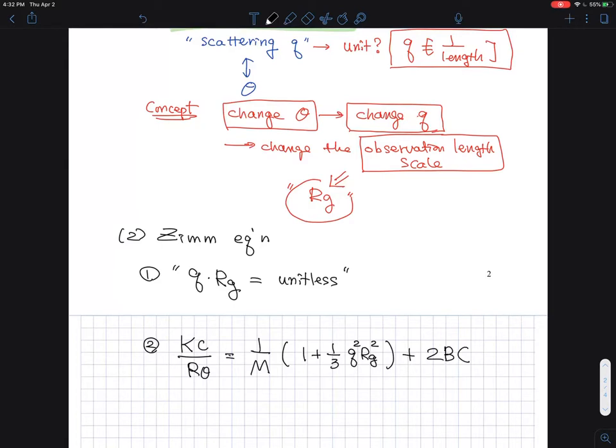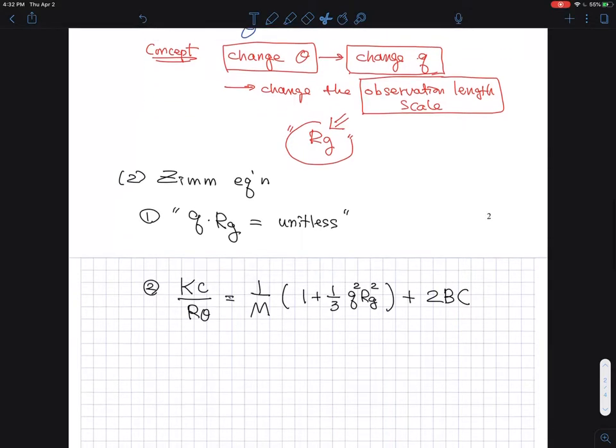If I take the Q term out, this is the Debye equation, changing the concentration and measuring Kc over R theta. And you can get MW and the second virial constant.